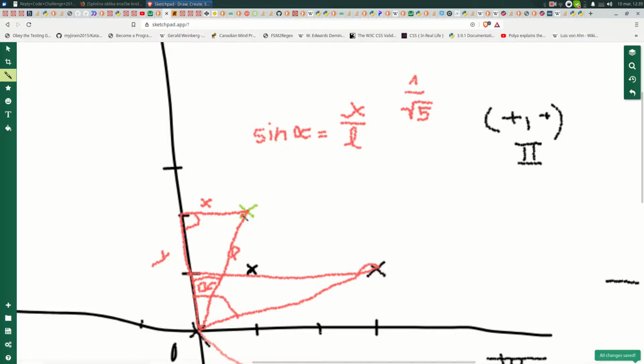This is basically the length of this L, and that is sine A.